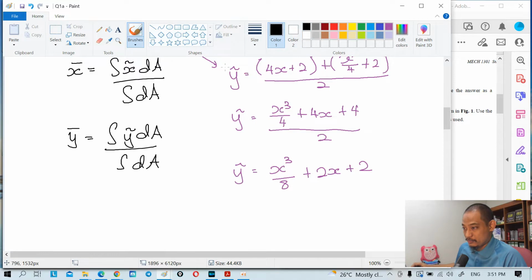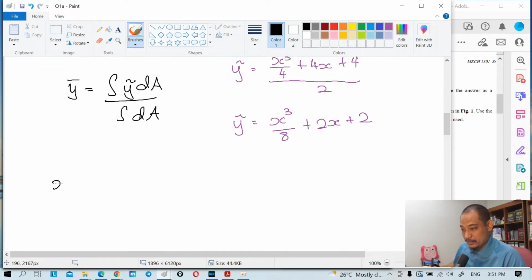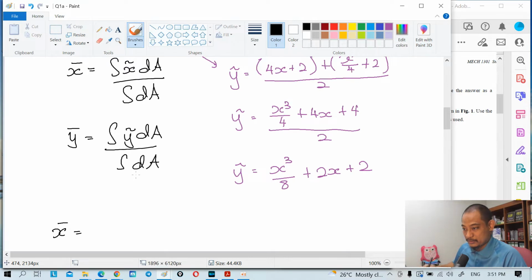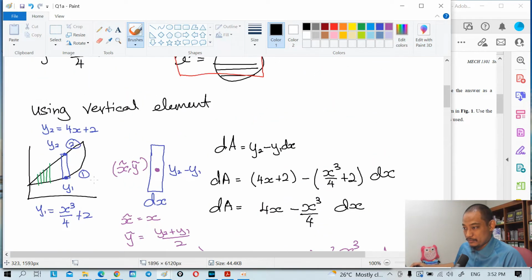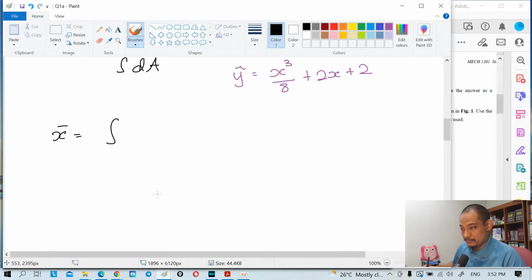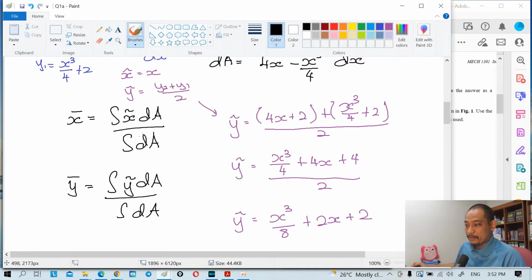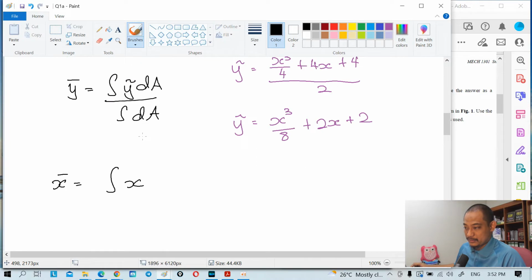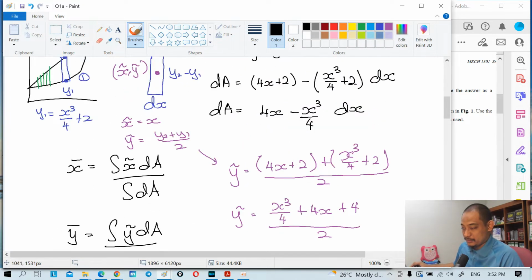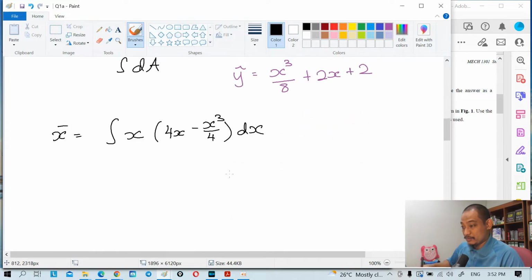So let's solve for x bar first. x bar equals the integration of x tilde, which is x, times dA, which is 4x minus x cubed over 4 dx, divided by the integration of 4x minus x cubed over 4 dx.